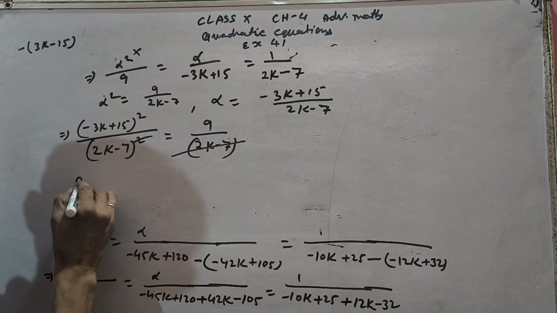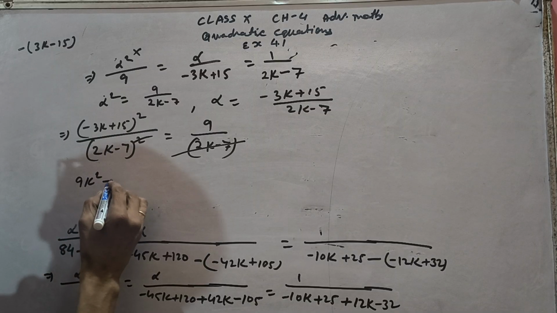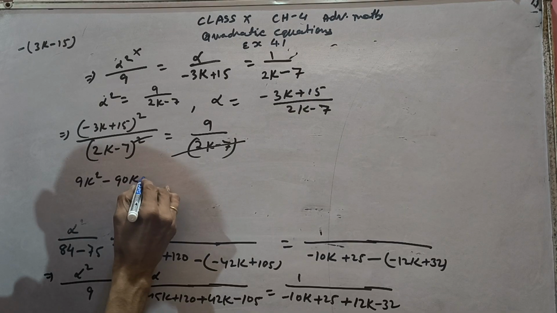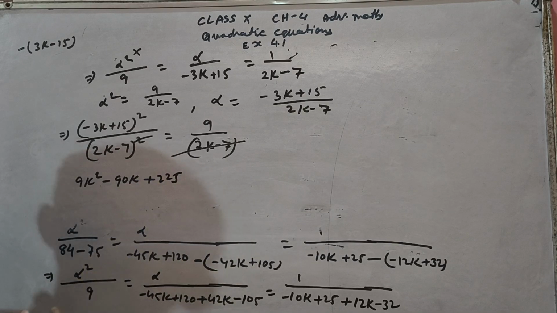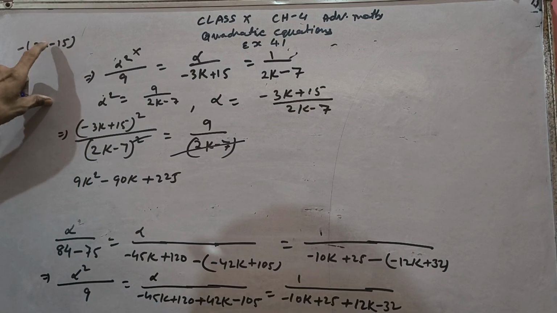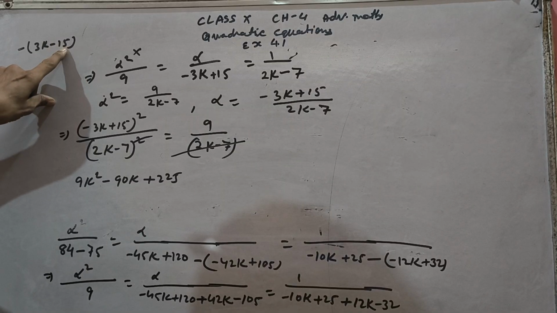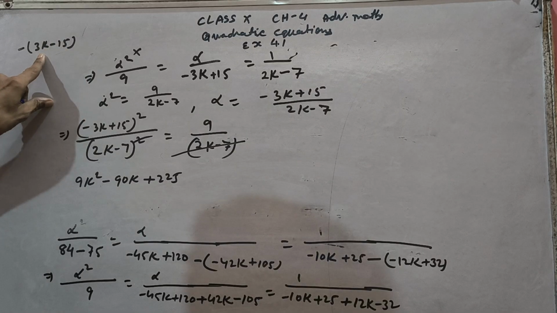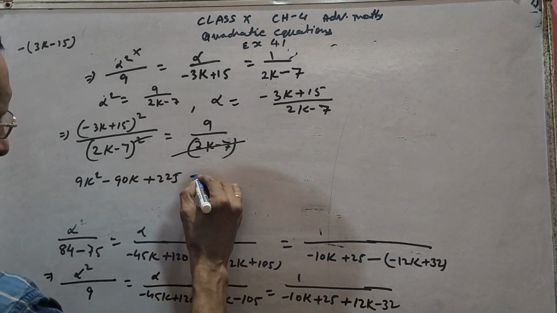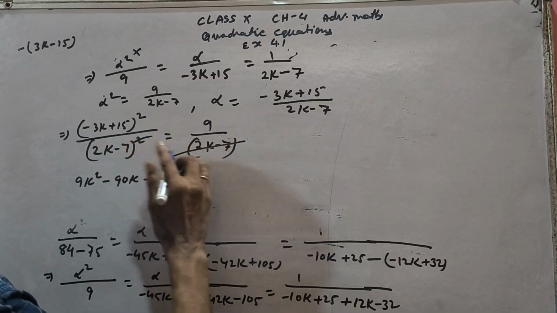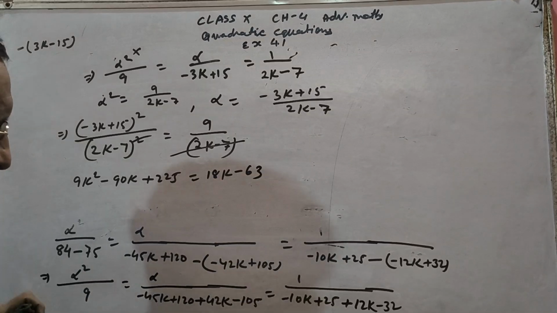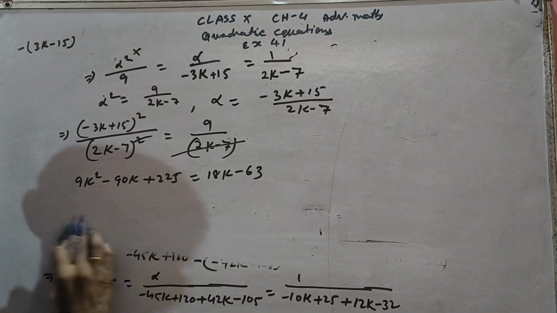It will be actually 9k square minus 90k plus 225, using a square minus 2ab plus b square, equal to cross multiply, 9 times 2 is 18k minus 63. Okay, this is the last simplification.